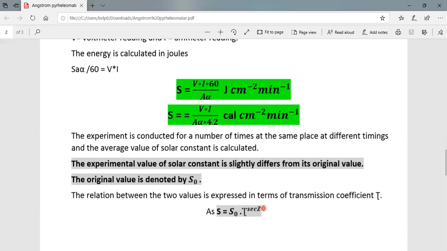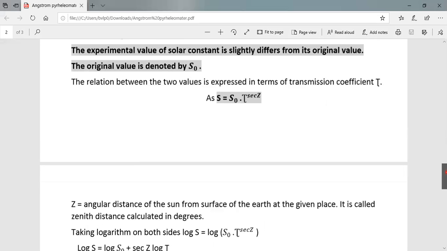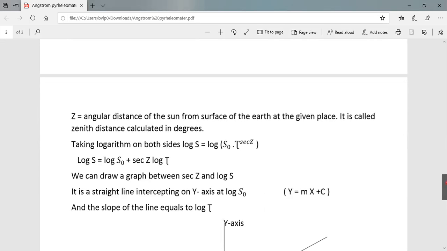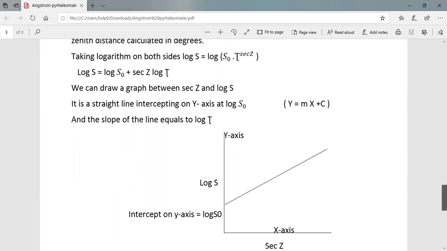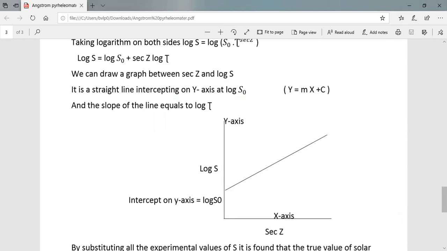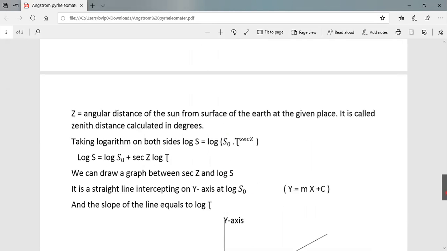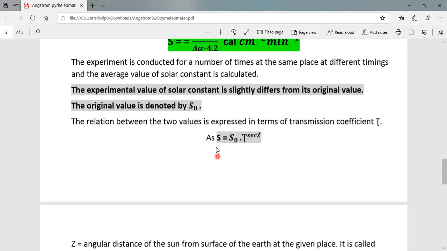It depends again on the time and the place. So we repeat the experiment and graph the values with respect to z. The z value differs with the time. Secant z is taken on the x-axis and the experimental log of the solar constant is on the y-axis. So you will have a straight line because of this equation S equals S0 tau to the power of secant z.